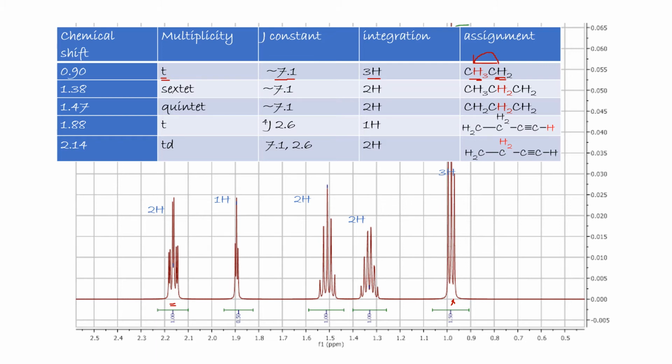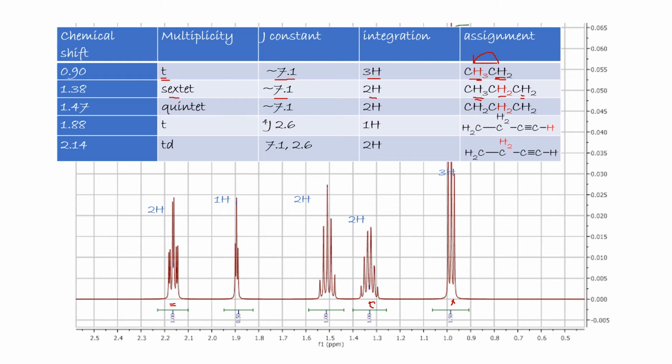Now we have another peak, a sextet, at 1.38, again coupling constant 7.1 for 2 protons. Sextet means that you have the 2 protons surrounded by 5 protons. So we have here CH2 surrounded by CH3 and CH2.